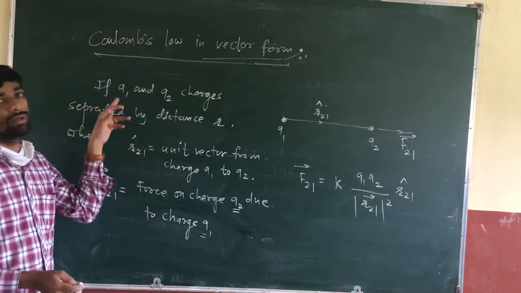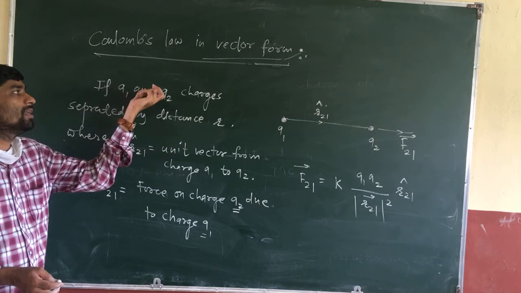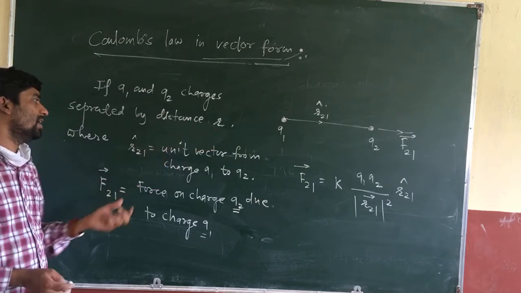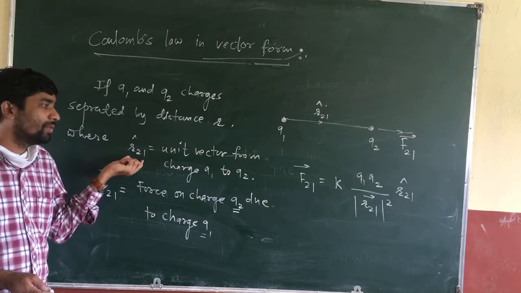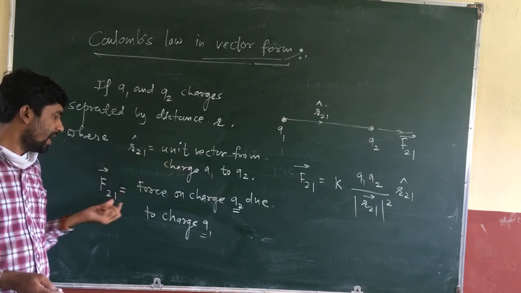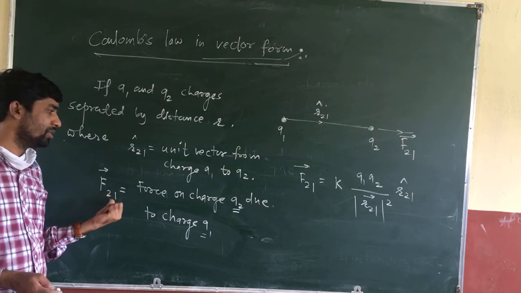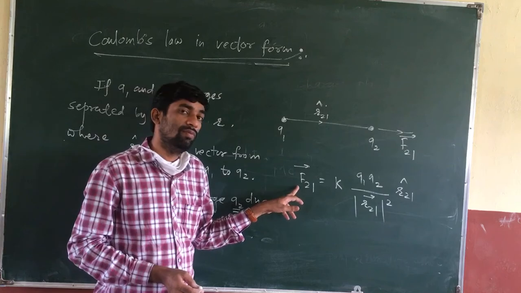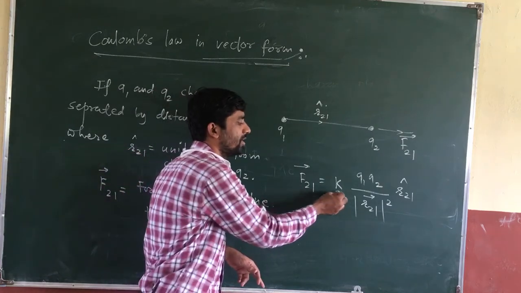What we have to consider is that q1 and q2 are two charges separated by distance r. R21 cap gives the unit vector, and F21 is the force on charge q2 due to the charge q1. Then force F21 is equal to K, the proportionality constant.